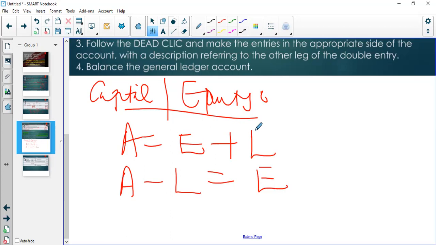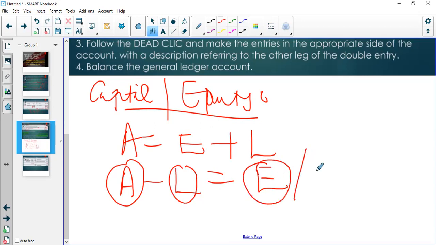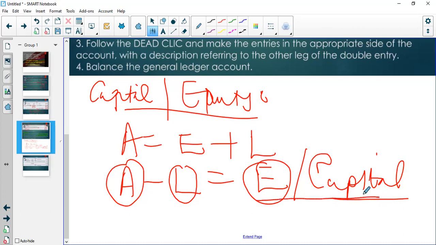If we are given a list of assets and a list of liabilities, we'll be able to determine equity, which is also sometimes referred to as the capital, especially at our first level. Sometimes the examiners make variations, sometimes they don't. So that's way number one.